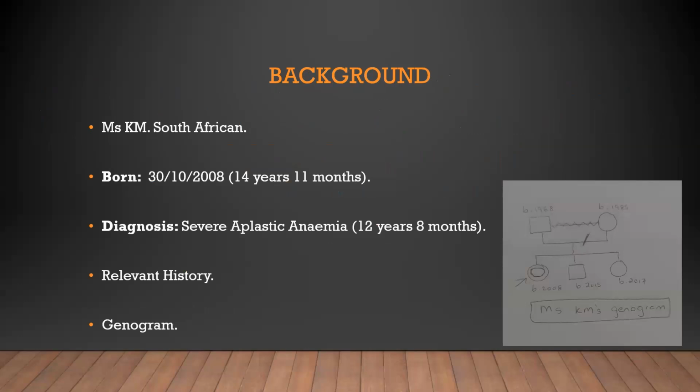So she was born in South Africa from South African parents and stays in Joburg. She was diagnosed with severe aplastic anemia in June 2021 at the age of 12 years and 8 months, and has been following up with us at the hospital since then. On further history, she's had an uneventful perinatal and medical history, was not previously on any medication, and she's currently in grade 8 and doing okay at school.